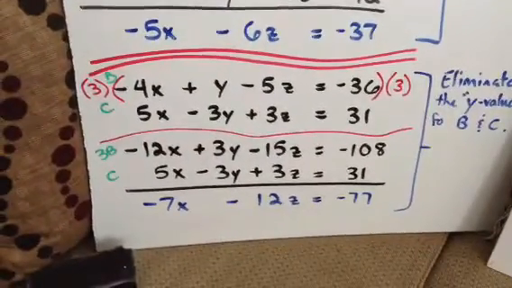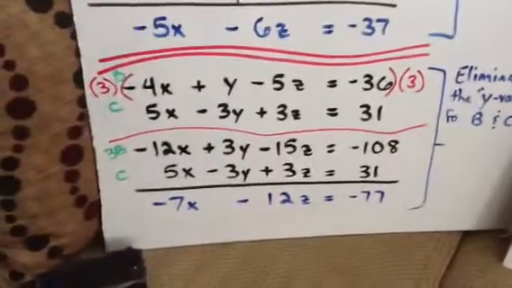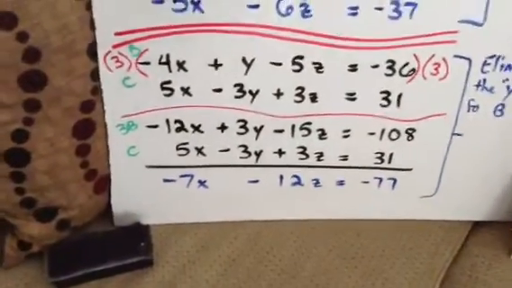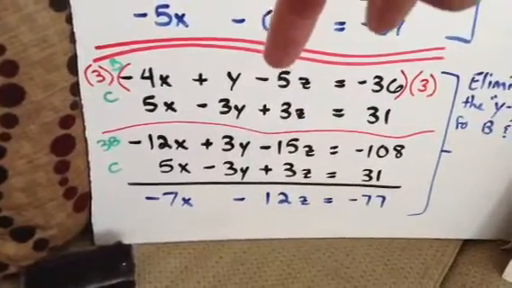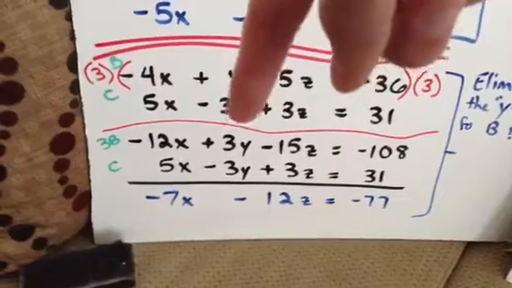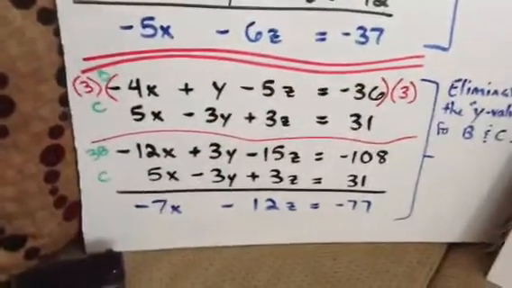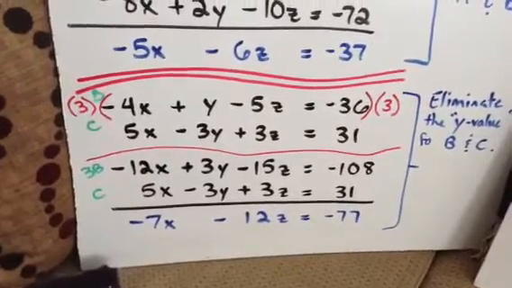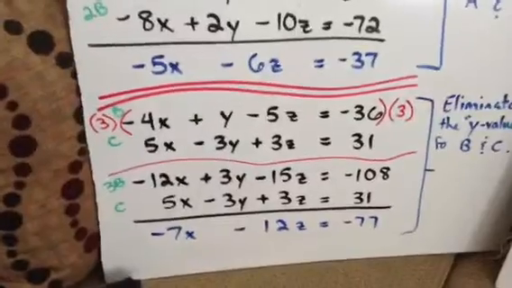You see I have 3B on the next set. Here's my first setup. I realize I have to multiply that by 3, and there it is multiplied by 3, all of those. So negative 12, positive 3, negative 15, and negative 108. I'm pretty sure those are right.